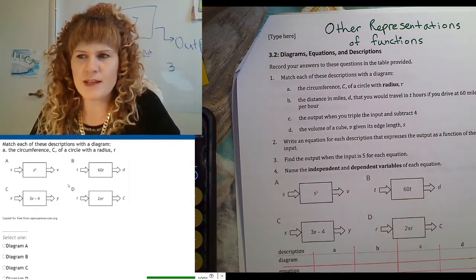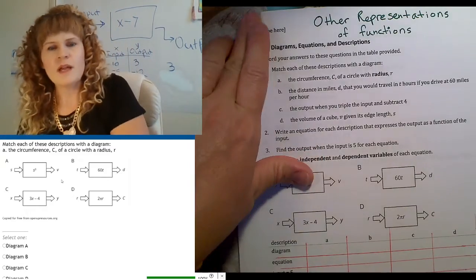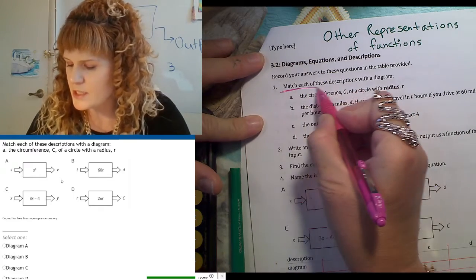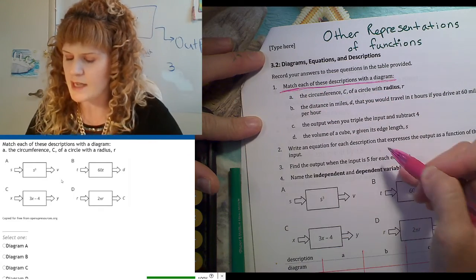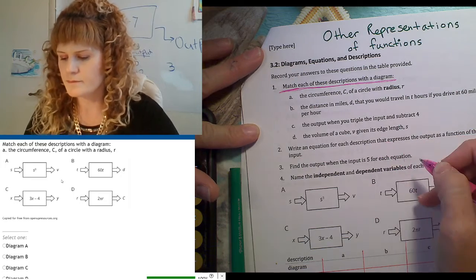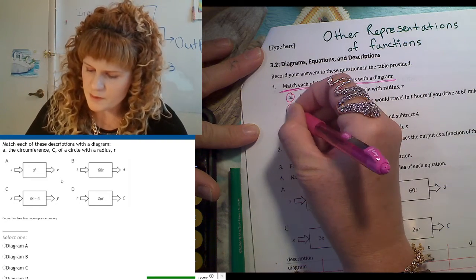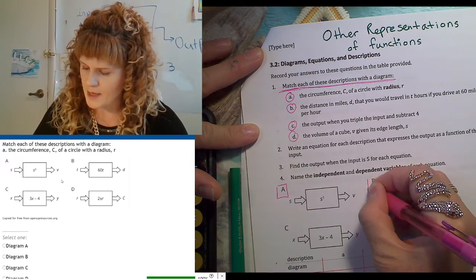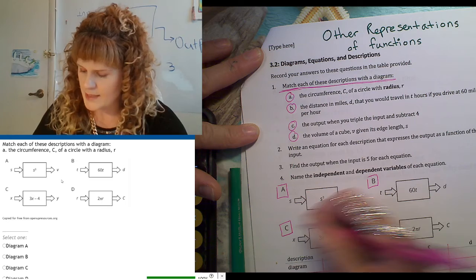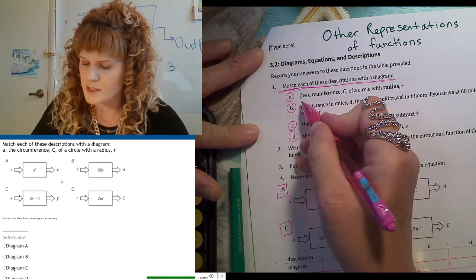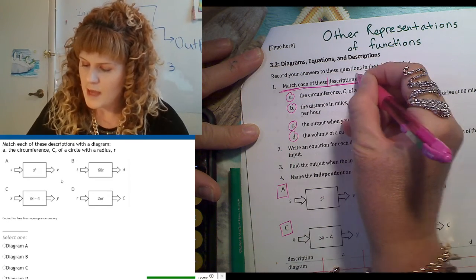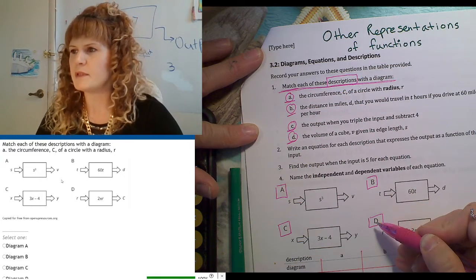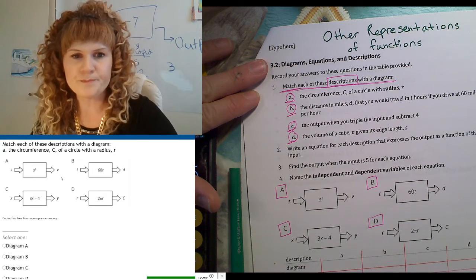Now I'm on the question that you see on the screen. And the directions are match each of these descriptions with a diagram. We have 4 descriptions and 4 diagrams, A, B, C, and D. Notice that the descriptions have a lowercase letter and the diagrams have a capital letter, so we'll match them.